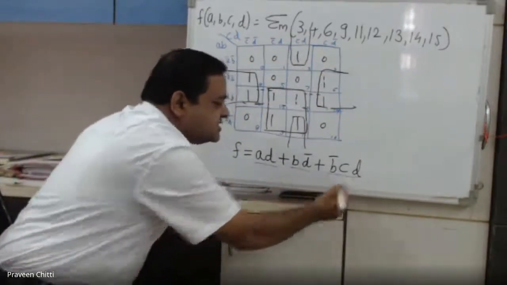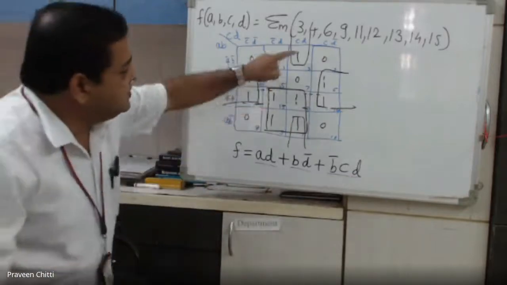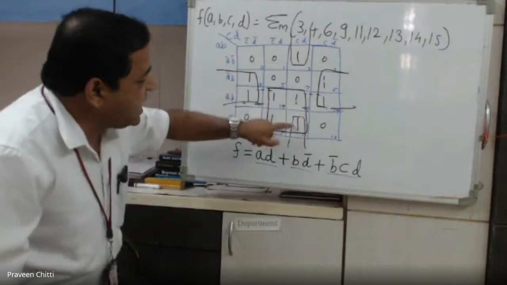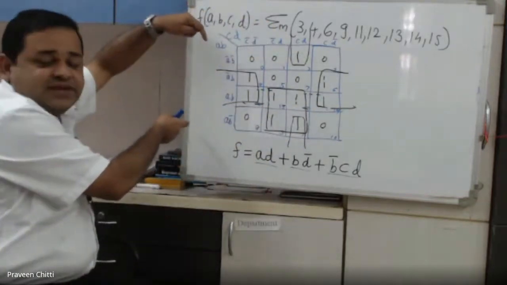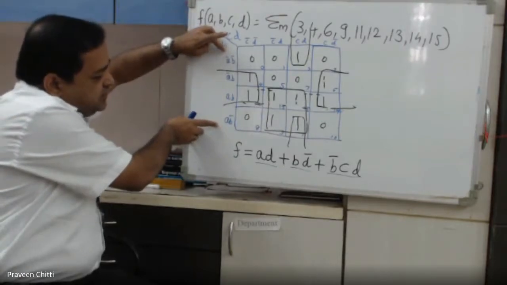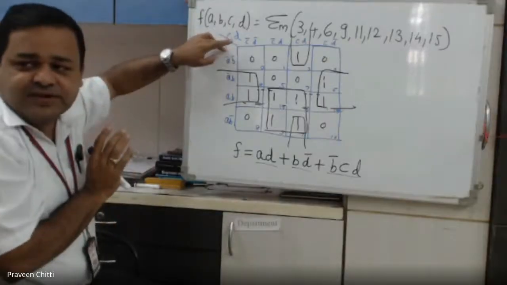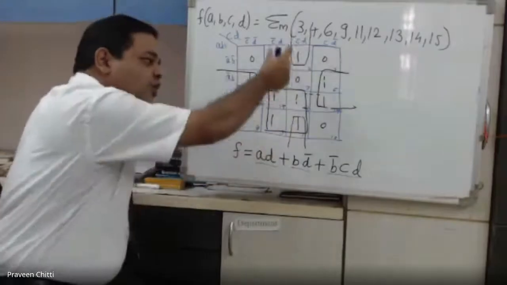Now the next is this, how it is B bar CD. For that, the pair is covering this as well as this. So it is common between these two rows. Kedar, is this clear? Between these two rows, what is common here? B bar, that's what I have taken. And then it is present only for this column.